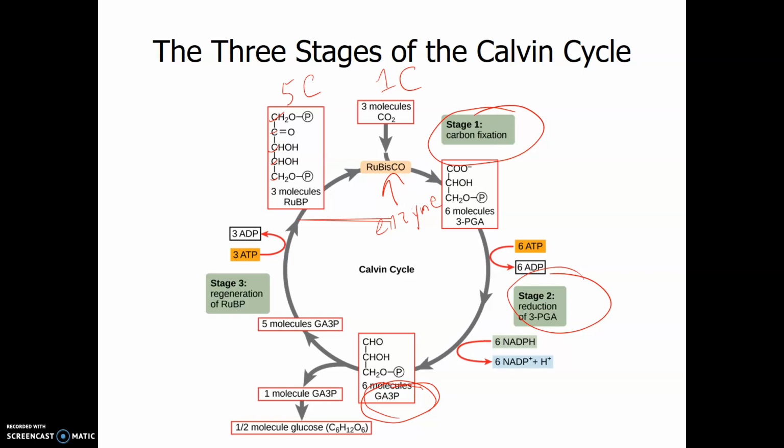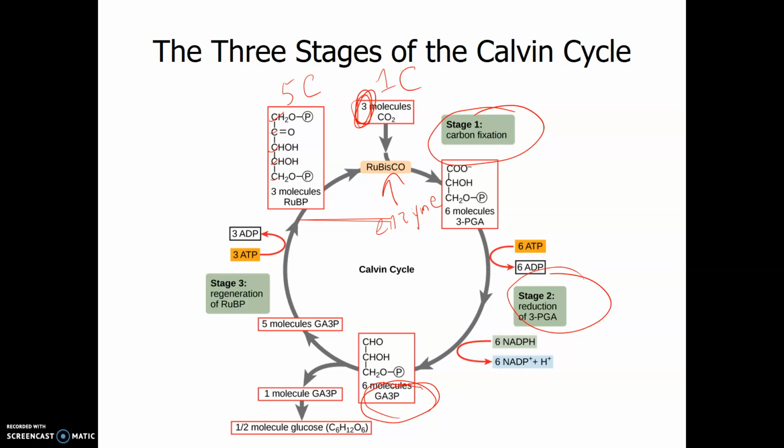But one turn of the Calvin cycle actually uses 3 molecules of carbon dioxide. And so instead of producing 2 3-PGAs, it produces 6 molecules of 3-PGA.